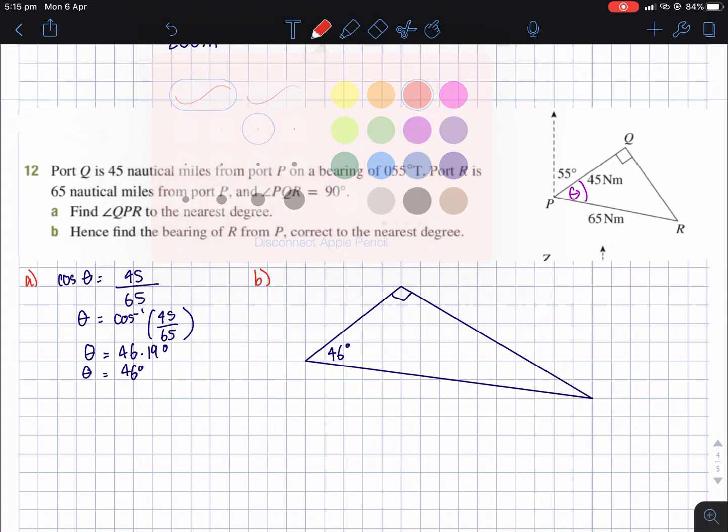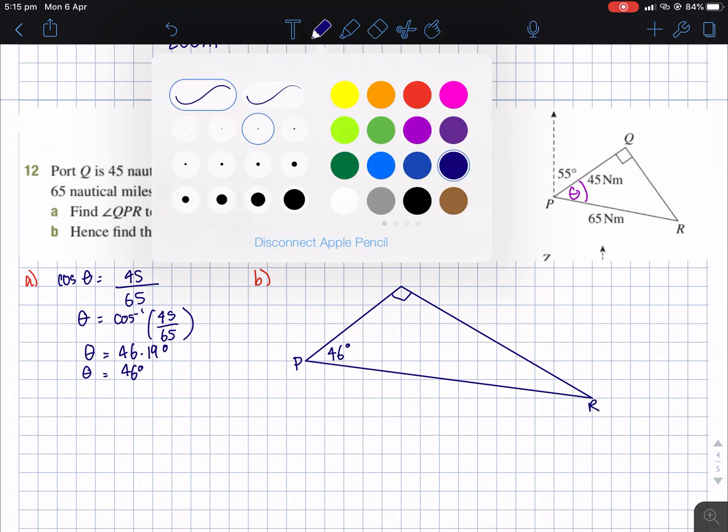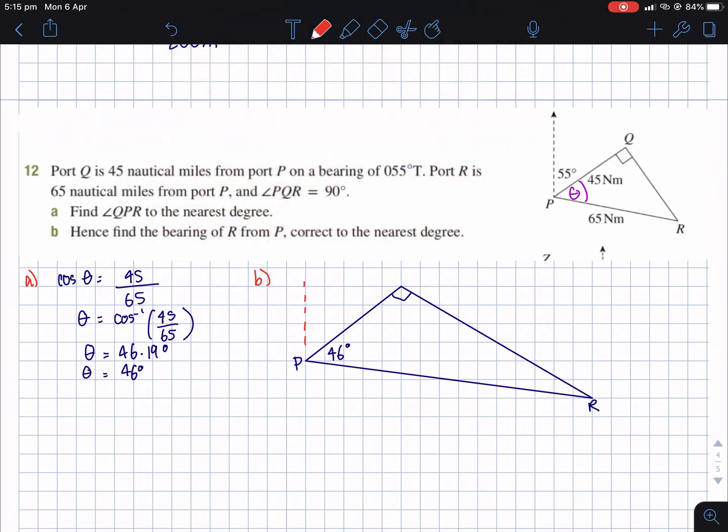So we're at P, and this is R. And they want this. So this is north, south, west, east.